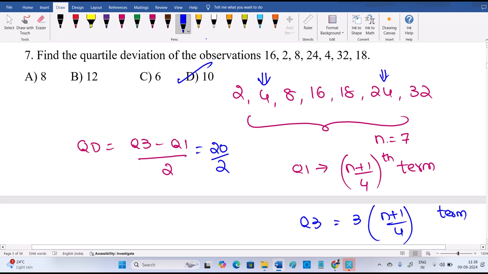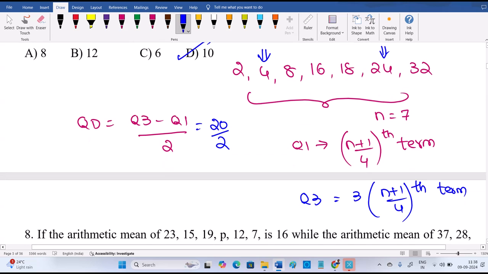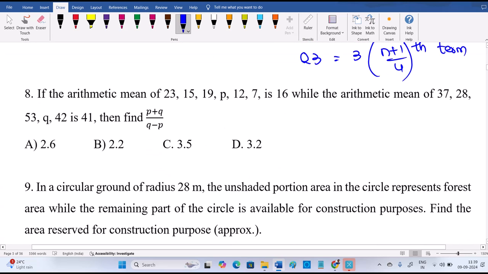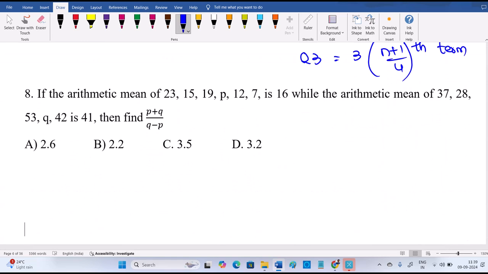This is how you can handle it: the (n plus 1) divided by 4 term, and 3 into (n plus 1) divided by 4. This is how they ask statistics related questions. One more question you can pick here. Statistics. Everyone try this question once.